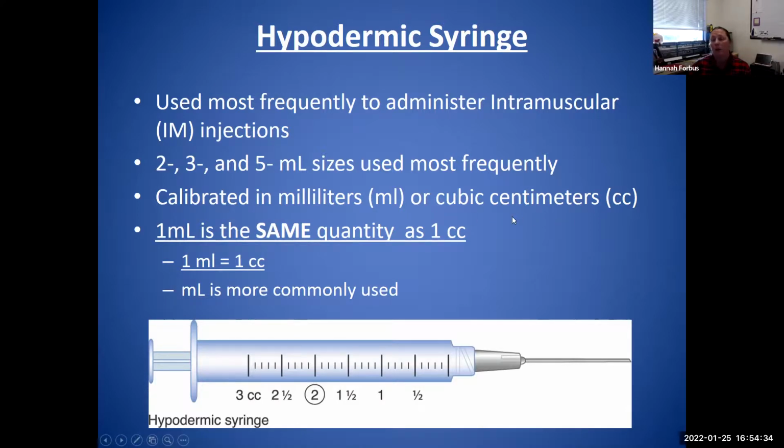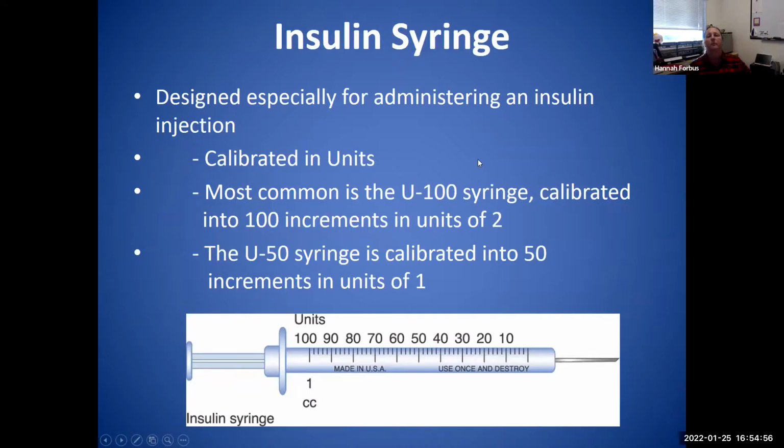Milliliters and cubic centimeters are equivalent, right? So 1 ml is the same as 1 cc. CCs are kind of an older term, and you don't see it as often. Milliliter or ml is more commonly used. So this is a 3 ml syringe. That's the total amount that we can put in there.